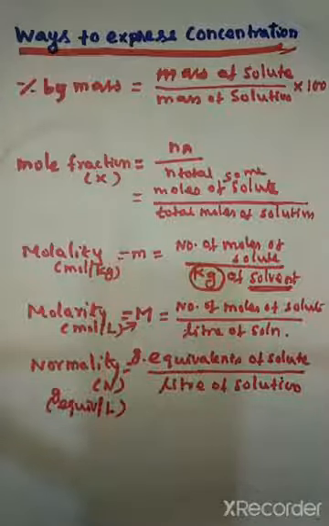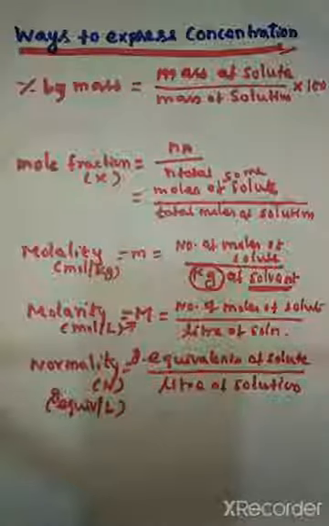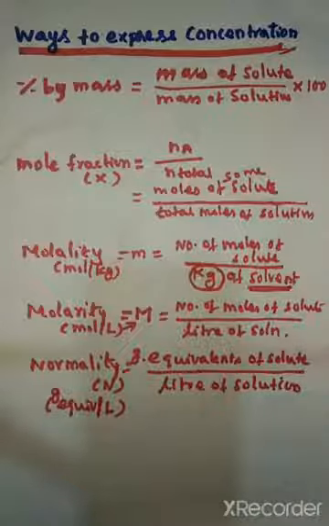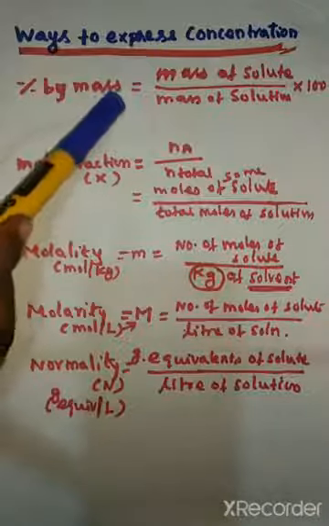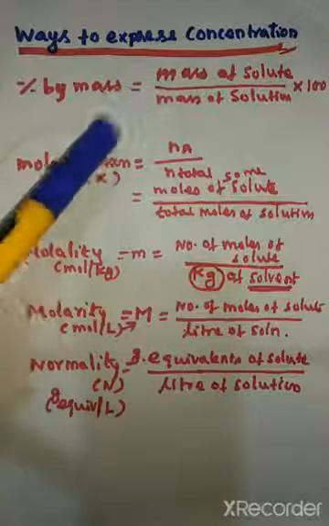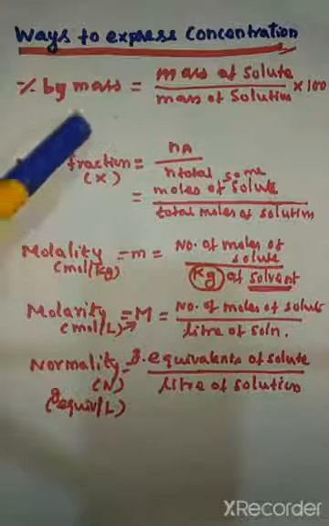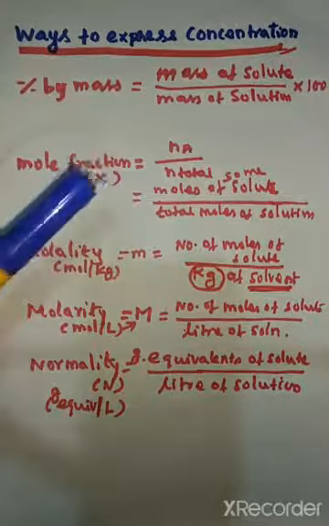So, there are many ways to express the concentration of the solutions. Already we have defined these ways. They are percent by mass, that is defined as mass of the solute dissolved in mass of the solution.